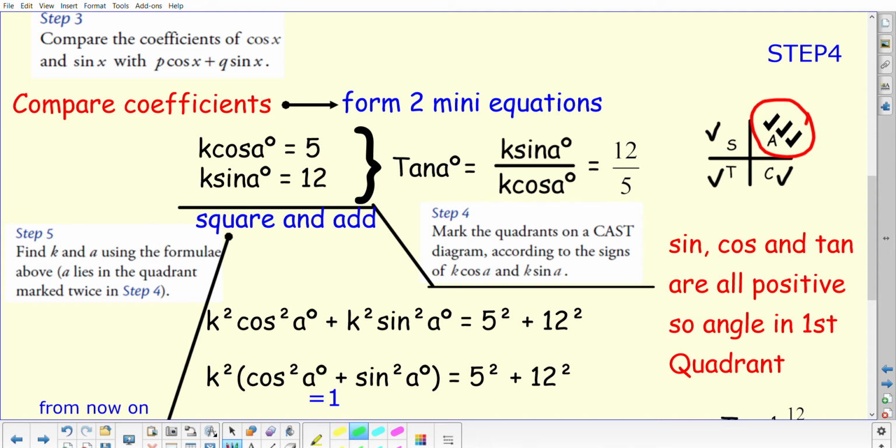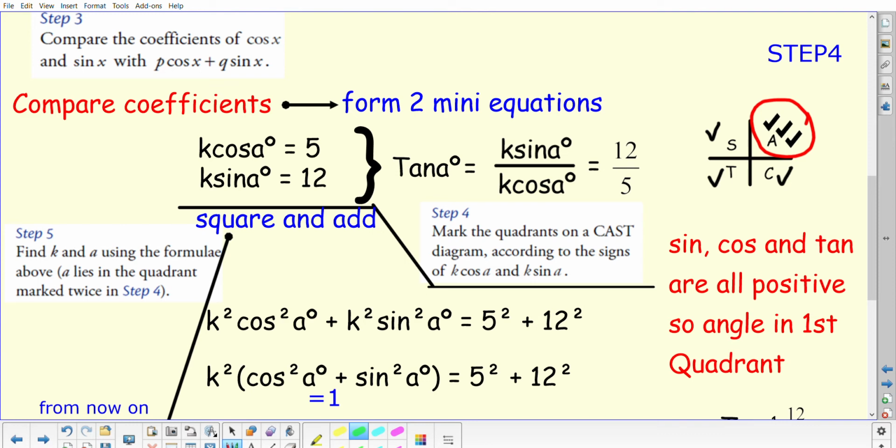That's one of your trig identities. So you always take your two equations, you will write tan of the angle equals your first fraction k sin A over k cos A. It doesn't matter what order you've written them in, but you need the sine on the top, cos on the bottom, and you write down what you've got.